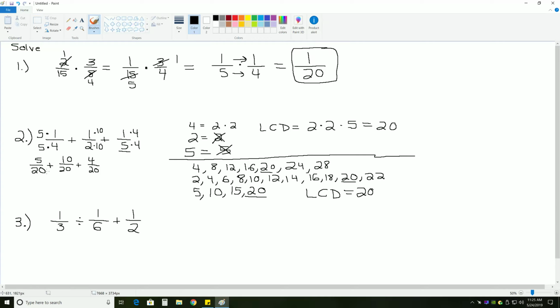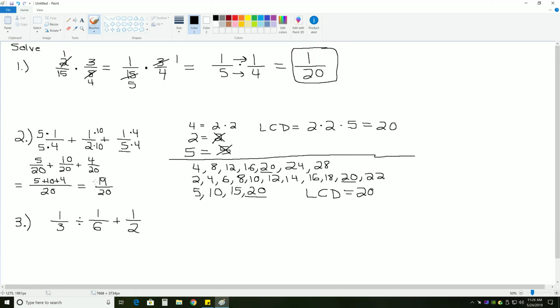And now that we have a least common denominator between all three of them, meaning all three of their denominators match up, we can add all of the top numbers together. So that gives us 5 plus 10 plus 4. And we put that all over one denominator, which is 20, which leaves us with 19 over 20.